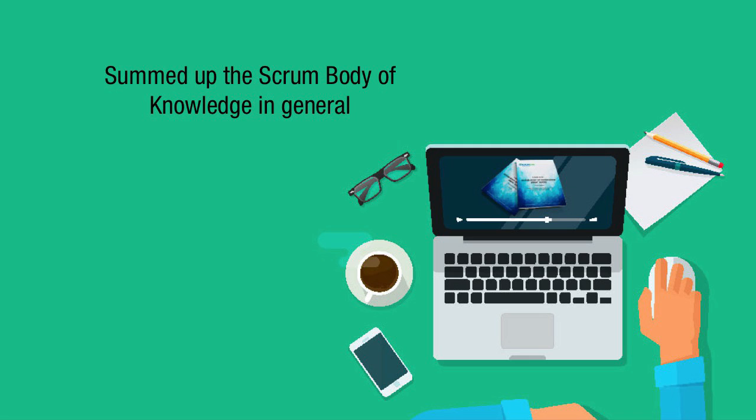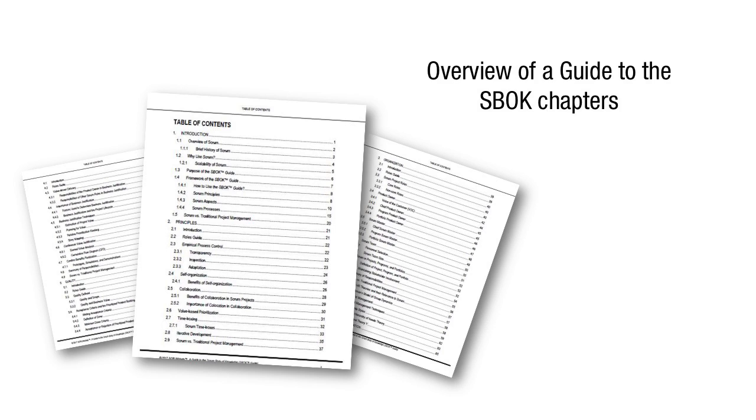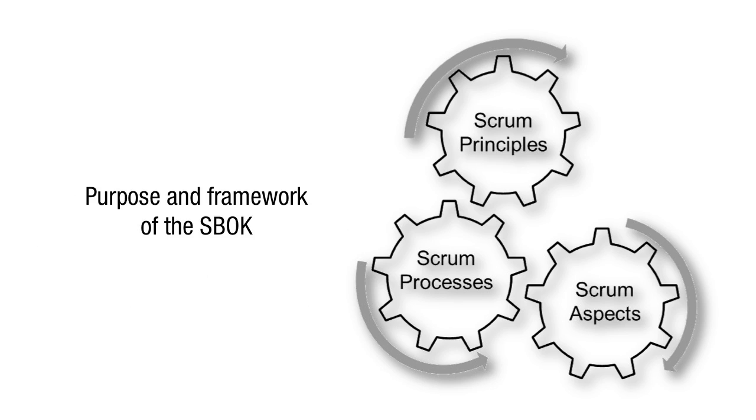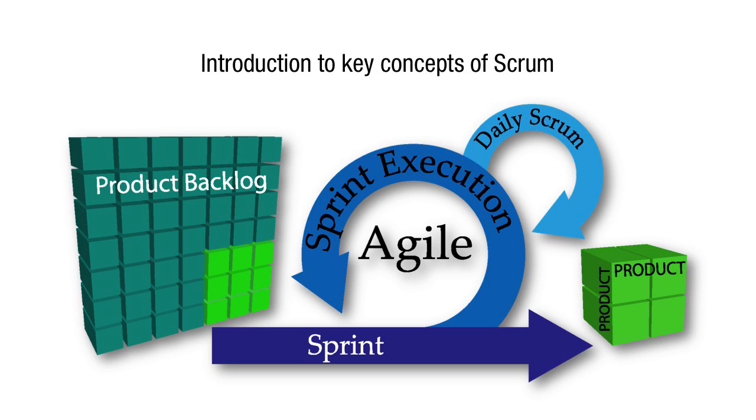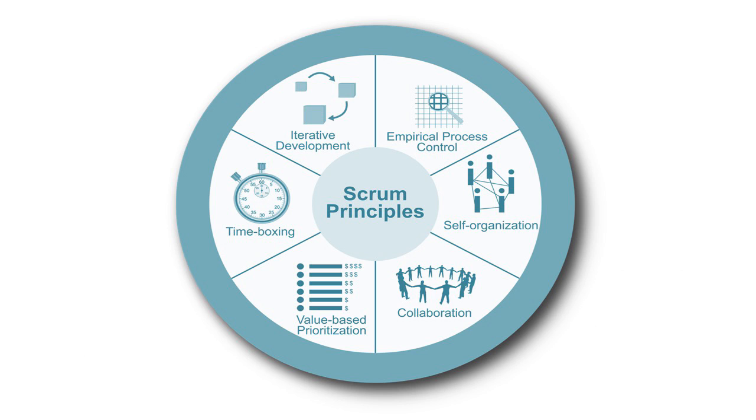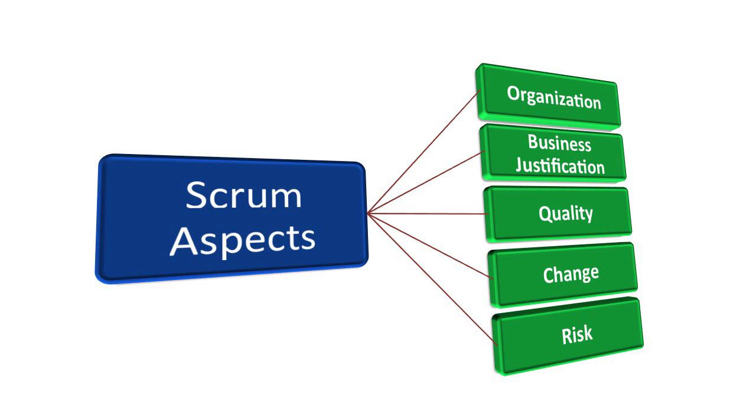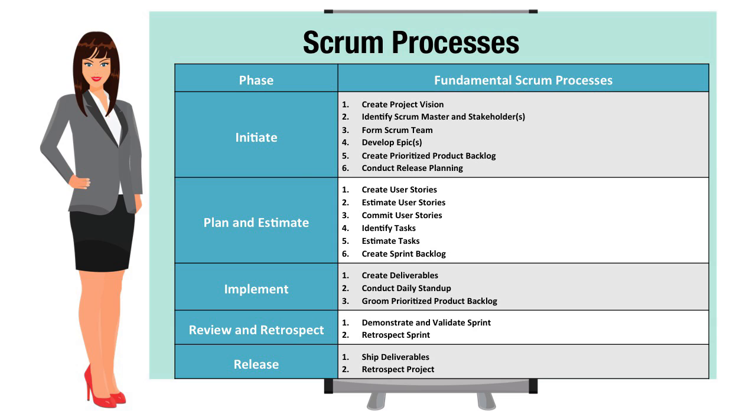Now that we have pretty much summed up the Scrum body of knowledge in general, let us quickly run through an overview of a guide to the SBOC chapters. The first chapter describes the purpose and framework of the SBOC and provides an introduction of the key concepts of Scrum. It also contains the summary of Scrum principles, Scrum aspects, and Scrum processes.